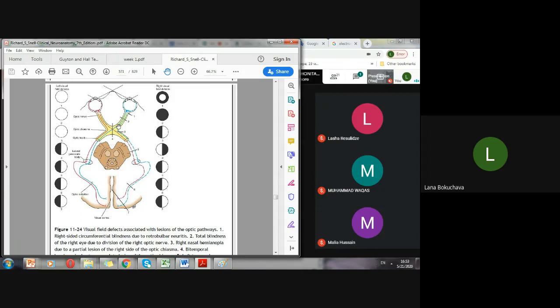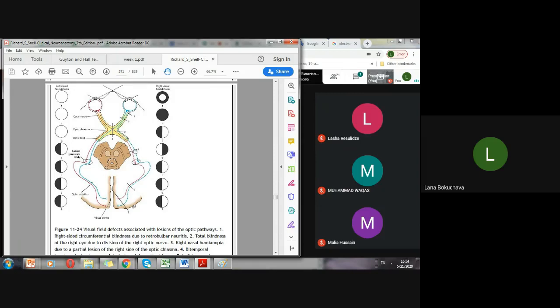Here you don't have something like that. In this case, you have only the half of the nerve fibers which are decussating. And these nerve fibers are the ones which are coming from the nasal part of the eyeball, which perceives the temporal visual field.